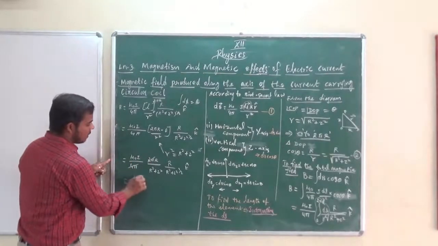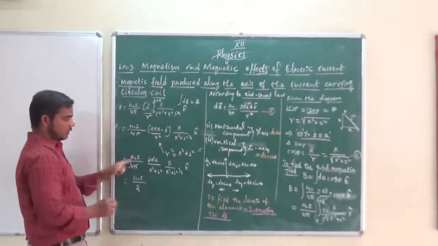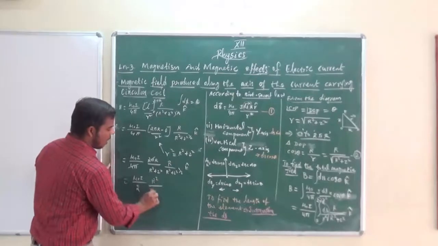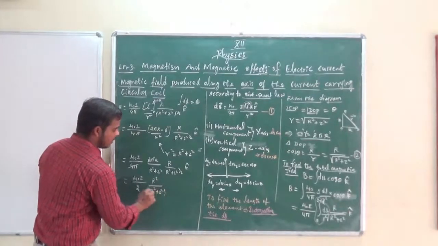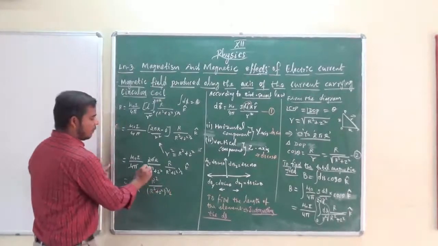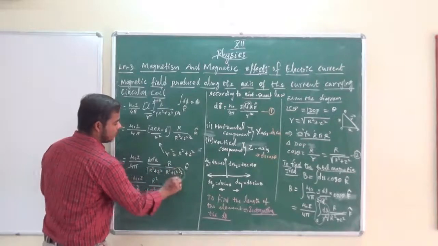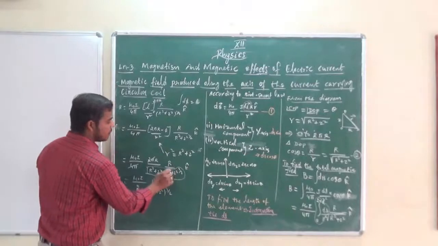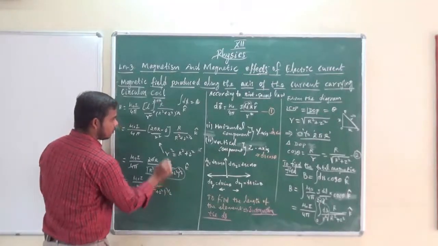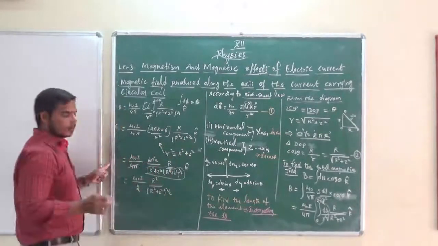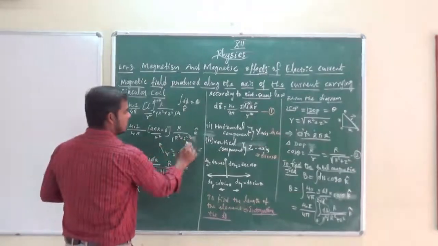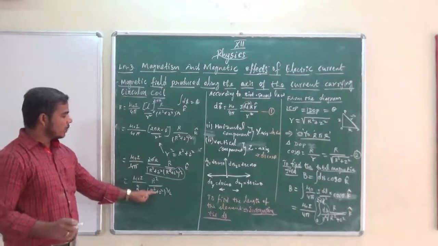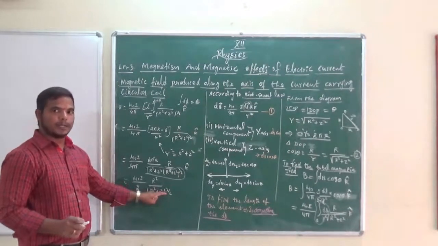So mu naught I divided by 2, and r into r square divided by r square plus z square to the power of, using the mathematical step for this, you will get r square plus z square to the power of 3 by 2.